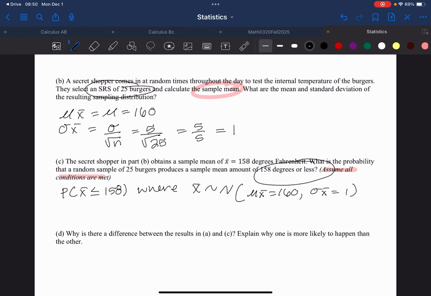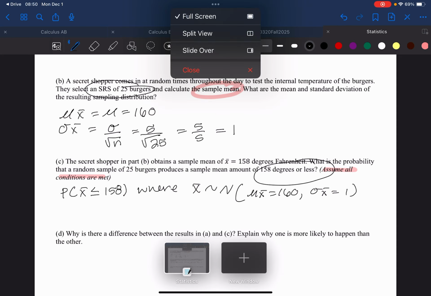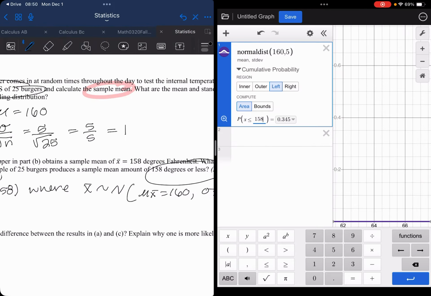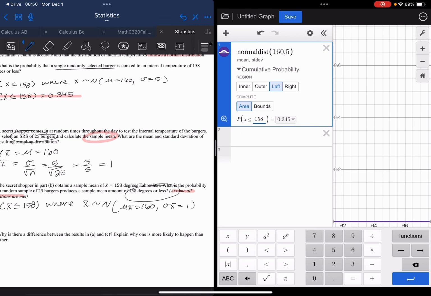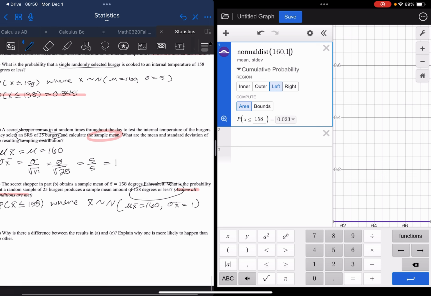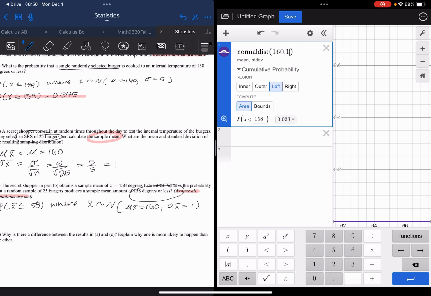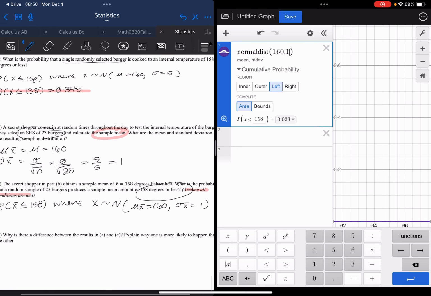Okay, so I'm going to plug all those in, go back to my Desmos. I'm going to change this to be 160 and 1. And then less than or equal to 158, that didn't change, so I have my answer as 0.023.